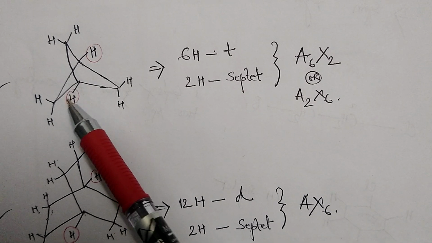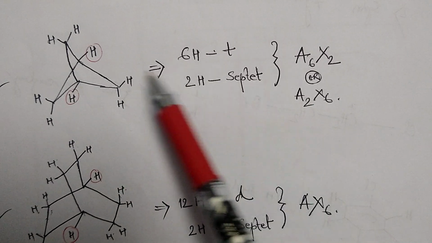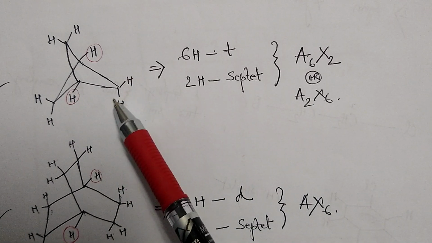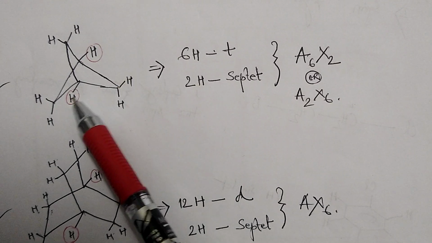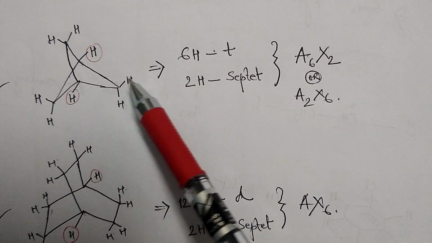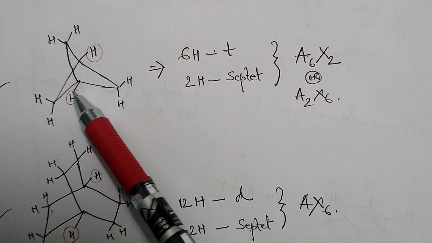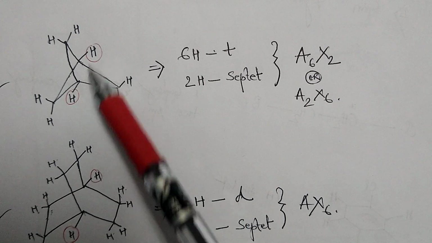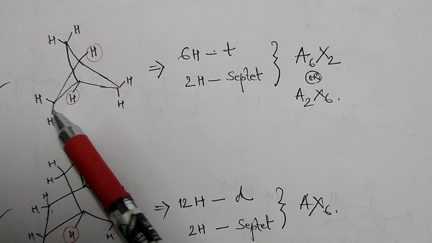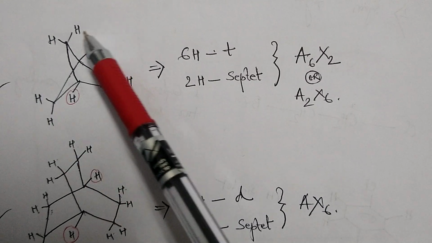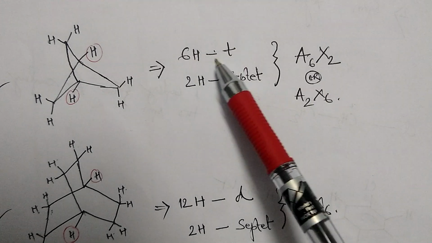So that is septet multiplicity for 2 hydrogens. For these 2 protons over here, they are in the environment of these two bridgehead protons, so due to these 2 neighboring protons, they will give a triplet signal. Likewise, these 2 protons here are in the same environment as each other. All this together forms 6 protons, and they will give a triplet signal.